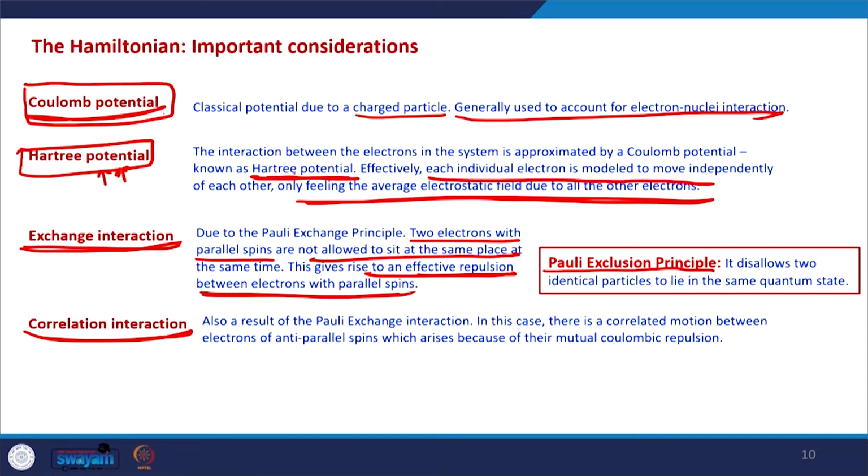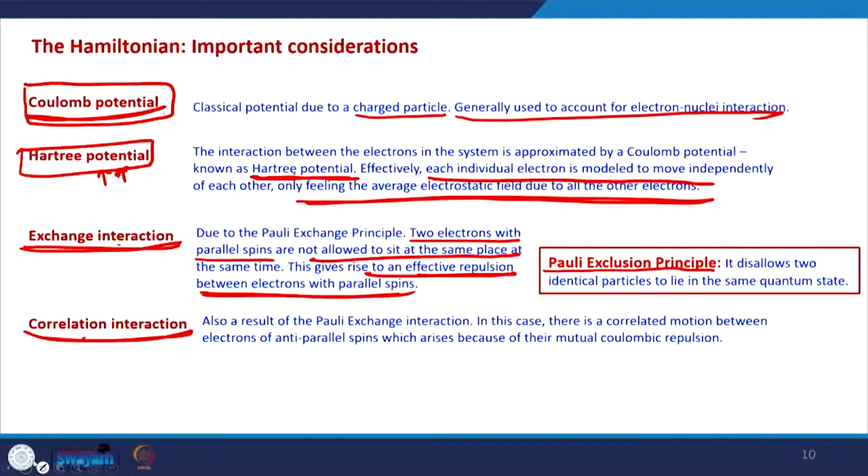The Hartree potential accounts for the electron-electron electrostatic interactions. And the exchange and correlation interactions arise from the spin properties of the electrons and are governed by Pauli's exclusion principle. Effectively, they can be written as repulsion forces or correlation forces: there is a coupling between opposite spins and repulsion between parallel spins.